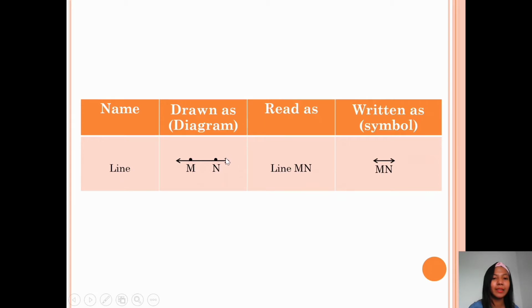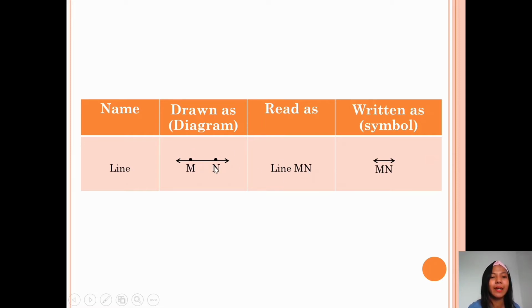And then the line extends in both directions non-stop, infinitely. The arrowheads mean it extends long, longer, and longer. Okay, so this is read as line MN.